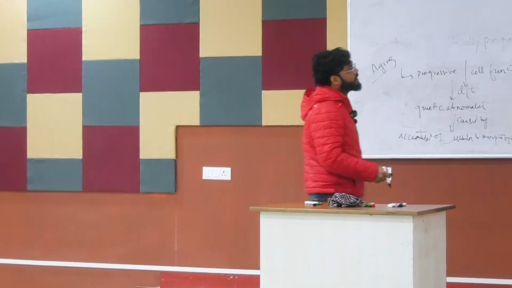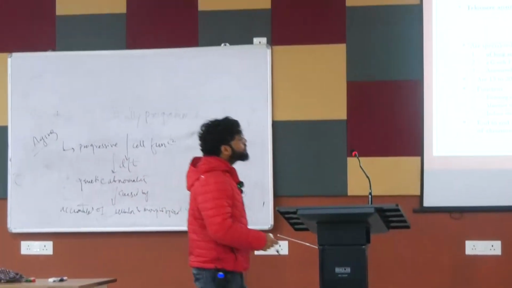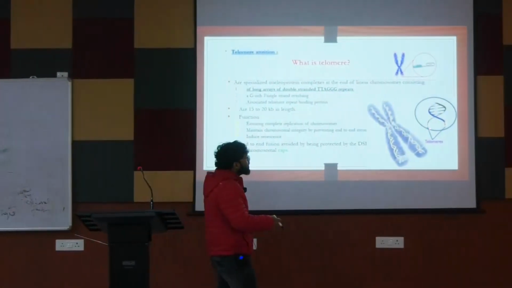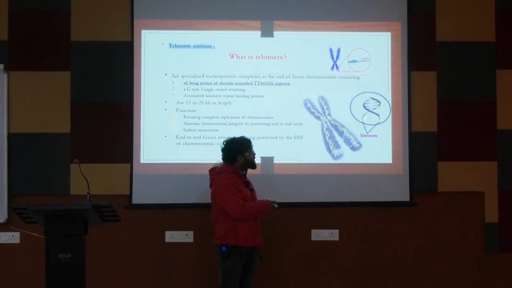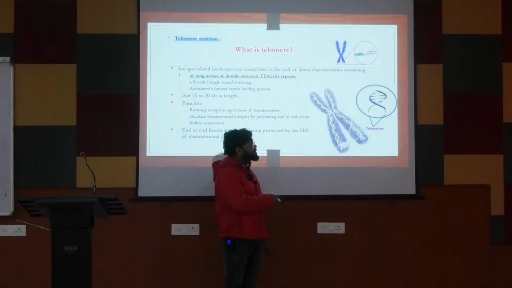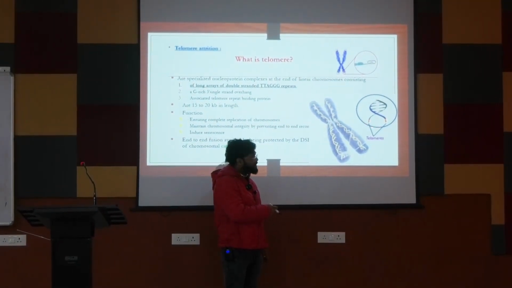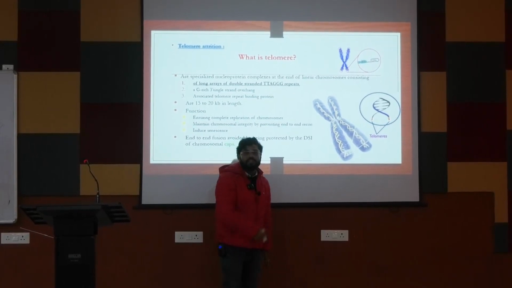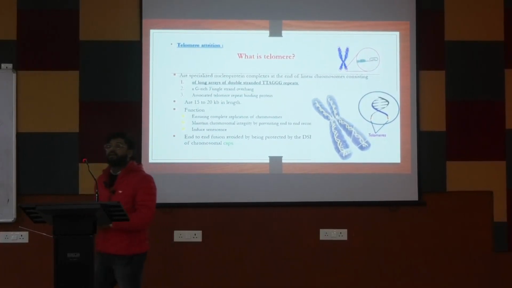Here, at each and every end, there will be a double stranded DNA G prime end, a specialized nuclear protein which is bound with the DSB protein. This DSB protein prevents the binding of the ends to each other and the fusion, the end-to-end recombination.